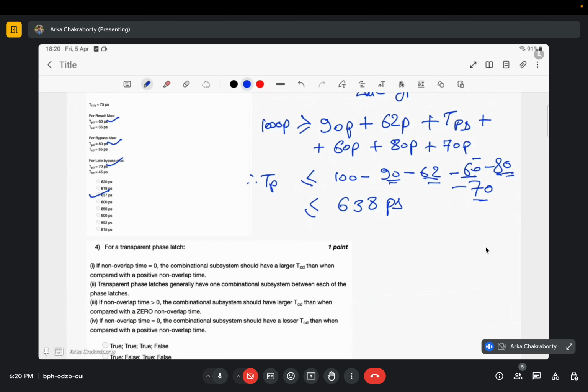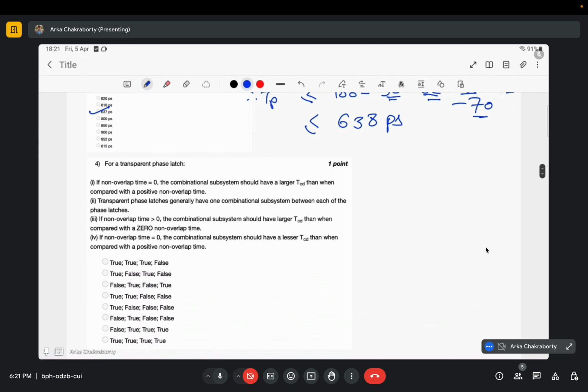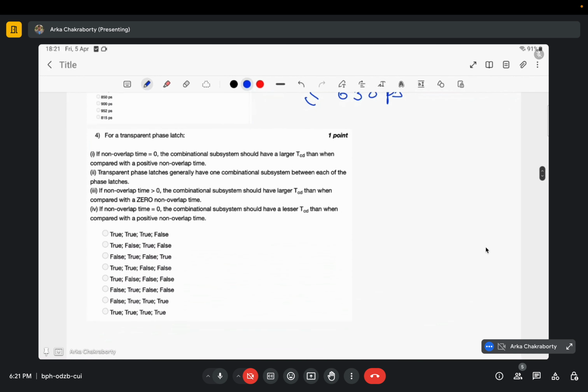Okay, if it is clear, let's move to question number 4. Some statements have been given to us, and it has been asked to identify which of them are true and which are false.